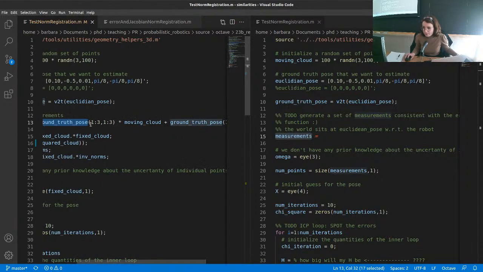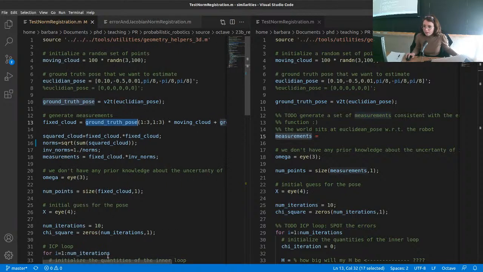Again, we rotate by R and translate by T. And then once we have this fixed cloud, which we call fixed because it's the one that we are not going to move, we compute the norms and the inverse of the norms, and then we simply multiply the cloud by the inverse of these norms in order to normalize the points in the cloud.